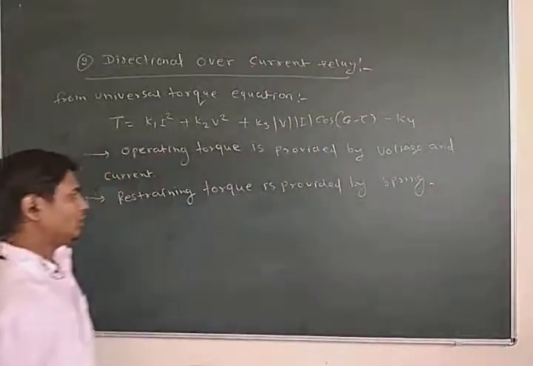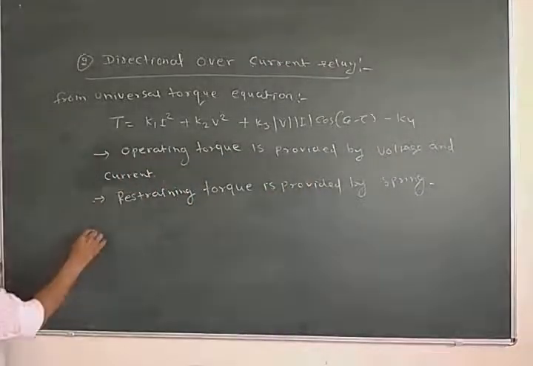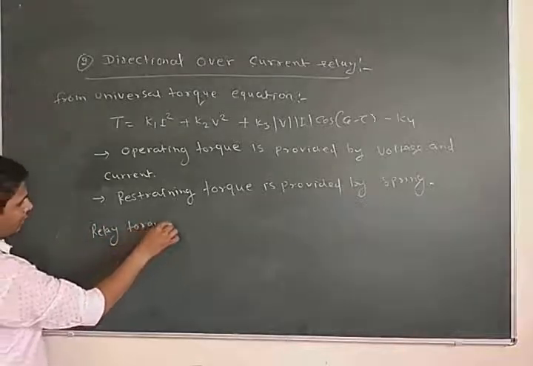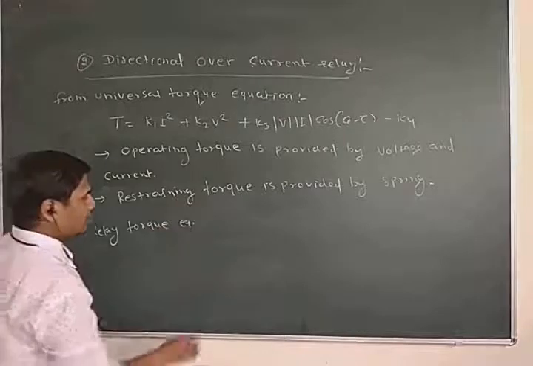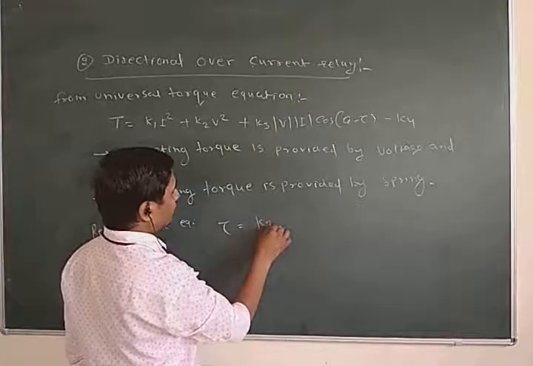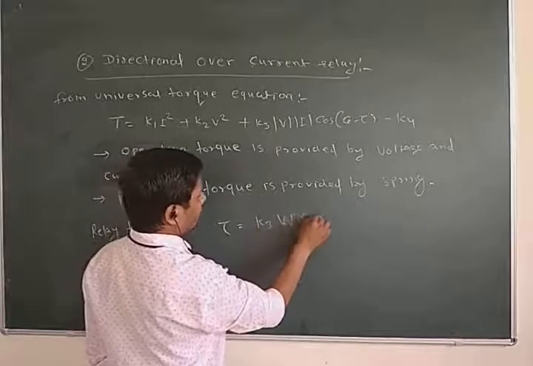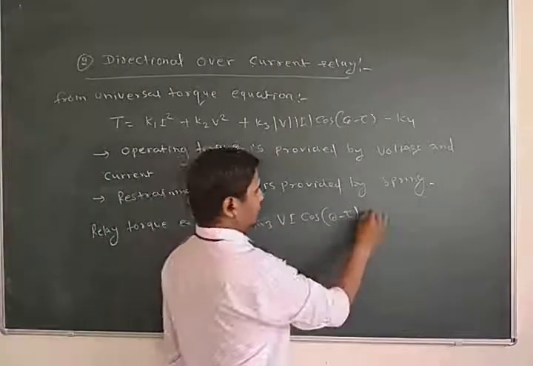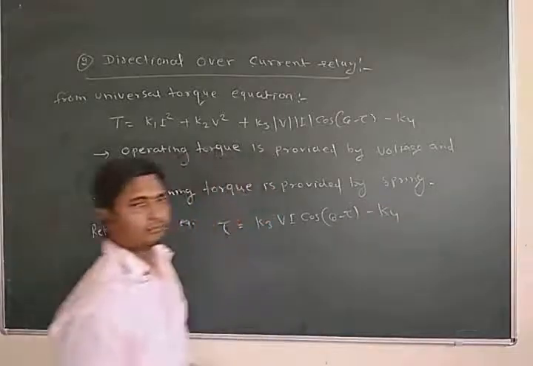So for the relay, the torque equation is T is equal to K3 VI cos(theta minus tau) minus K4.